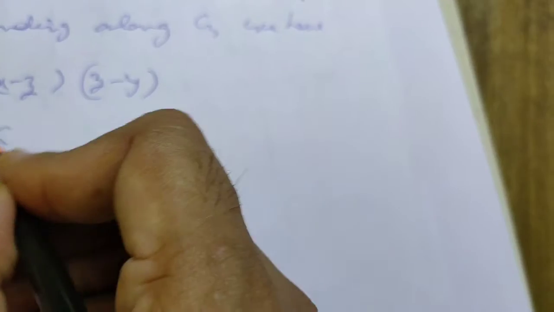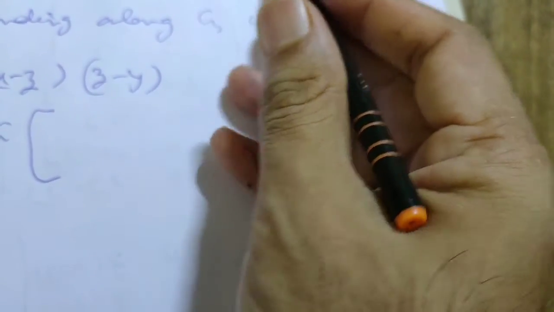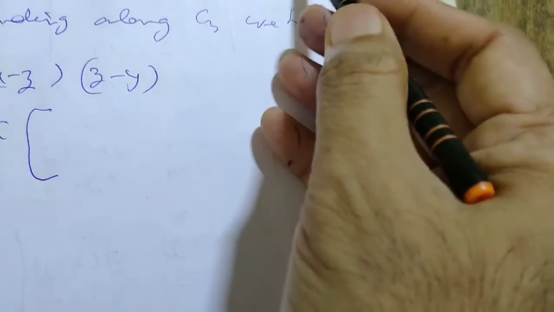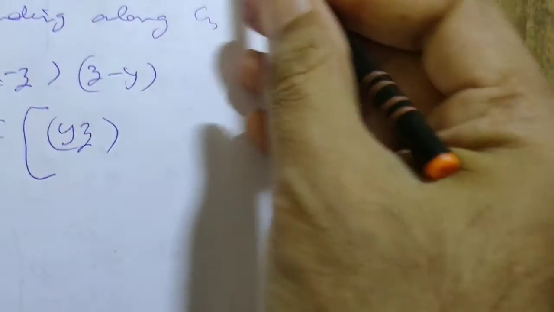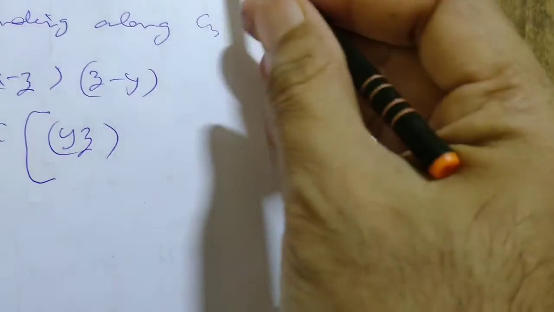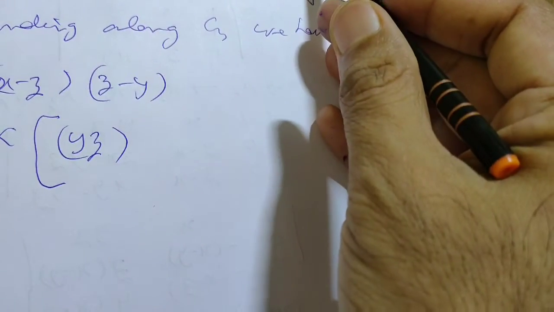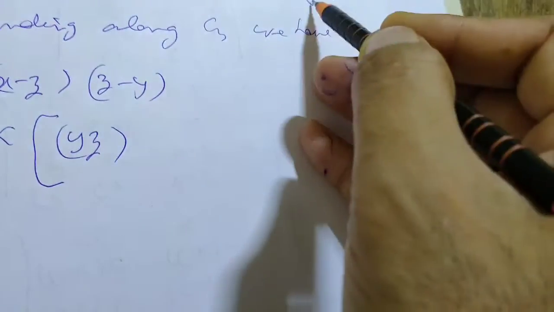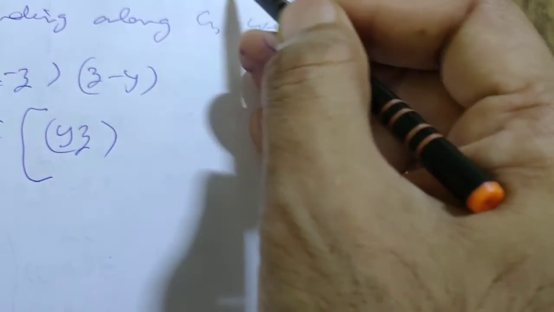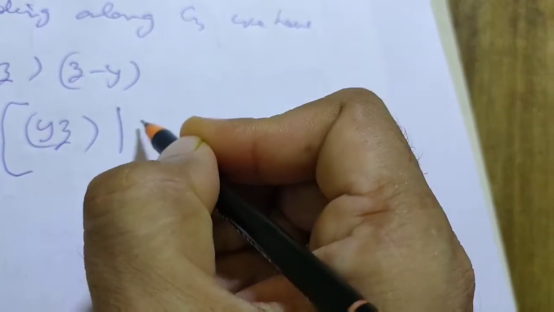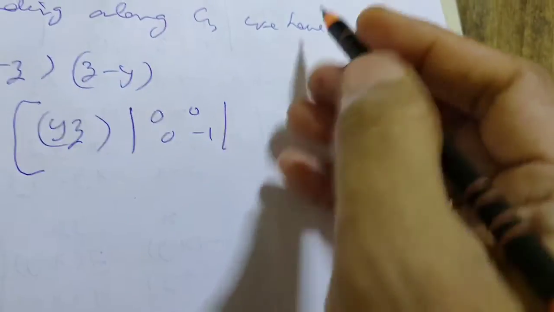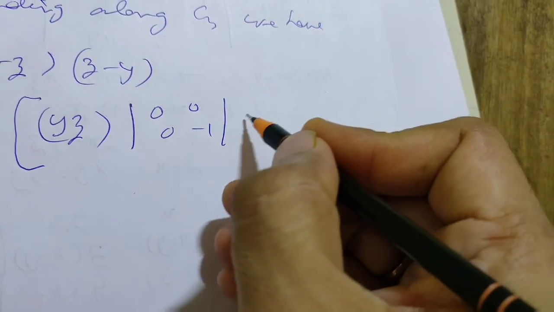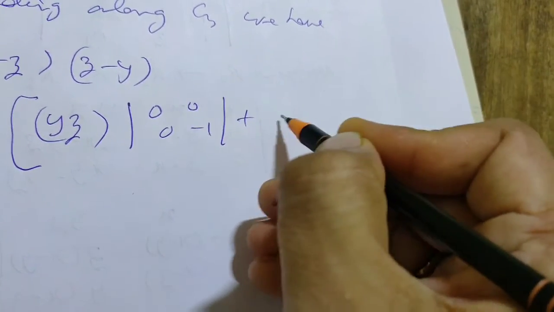So the first element is yz, then cancel out all the elements in the row and the column in which yz lies. So remaining will be 0, minus 1, and so the determinant is 0, 0, 0, minus 1, and then we'll take the second element plus minus 1.